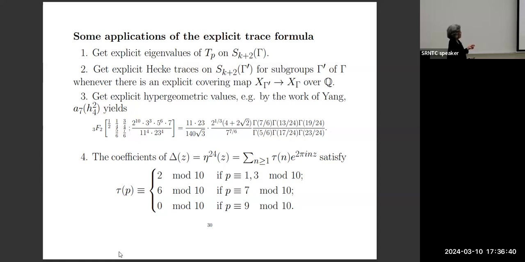And we know there's a famous Lehmer's conjecture, which says that all the tau n should be non-zero. But here we first look at what happens to tau p. Just by modulo 10, we get a bunch of fairly good information. So thank you very much for your attention.